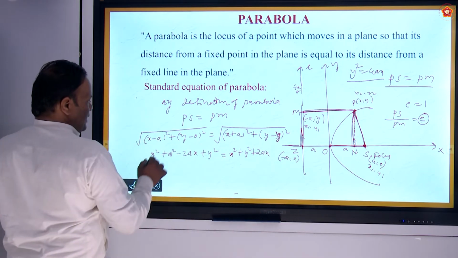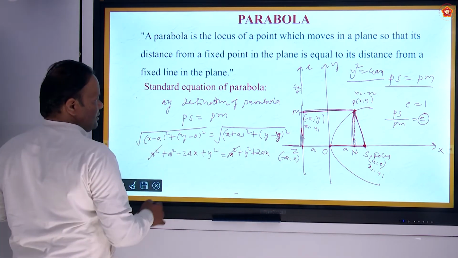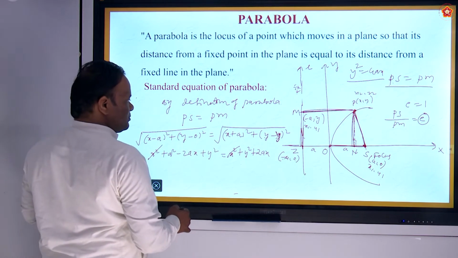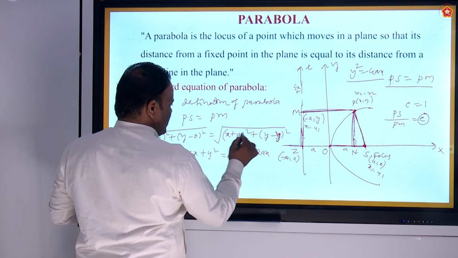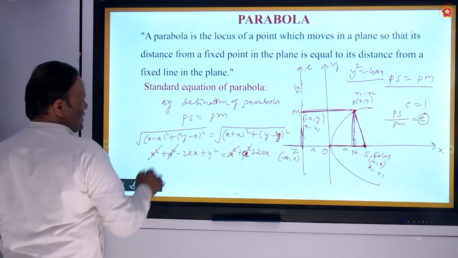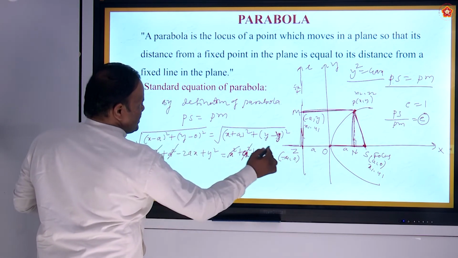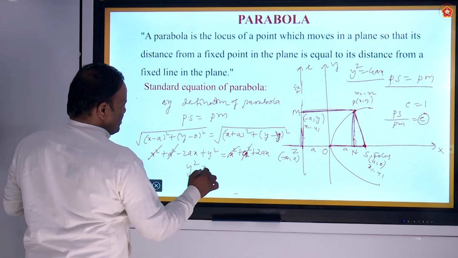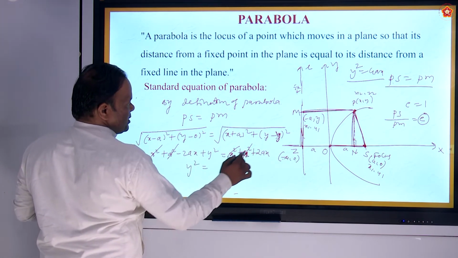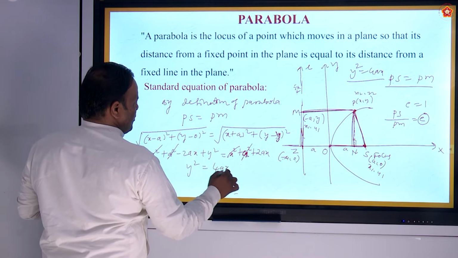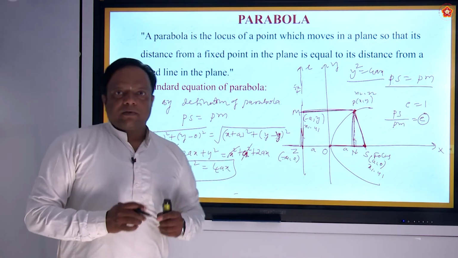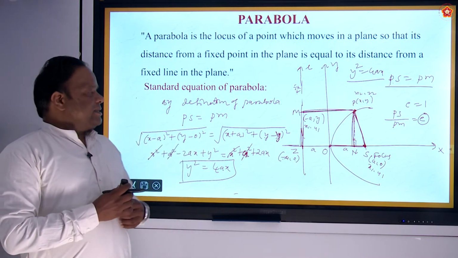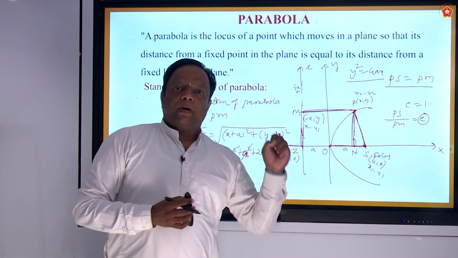Here x square and a square get cancelled. Taking minus 2ax to the right-hand side, y square is equal to 2ax plus 2ax, which is 4ax. So y square is equal to 4ax, which is the standard equation of the parabola.